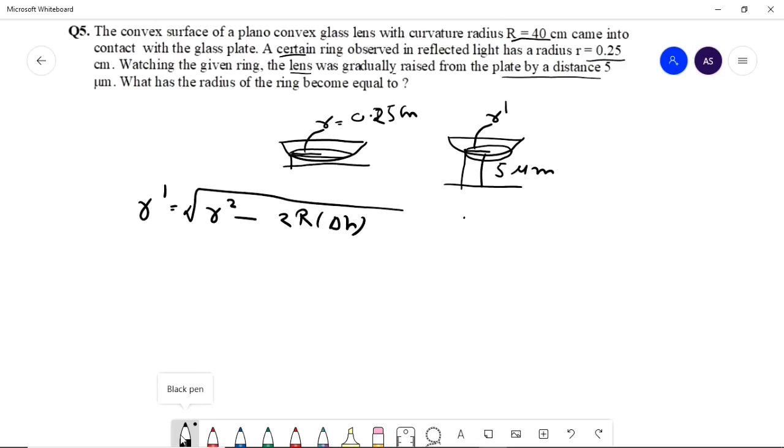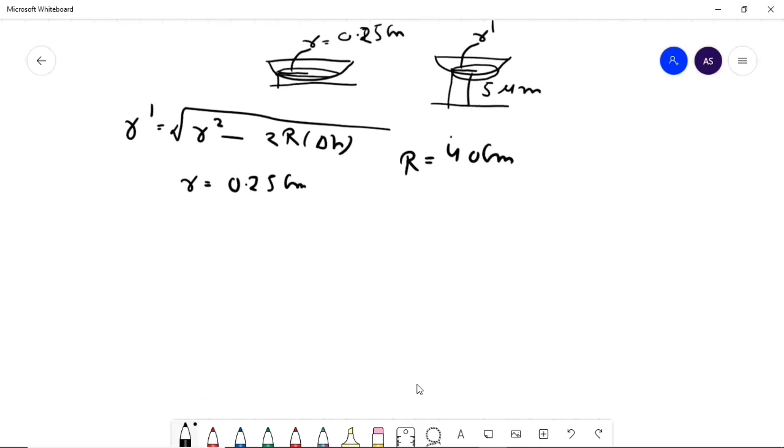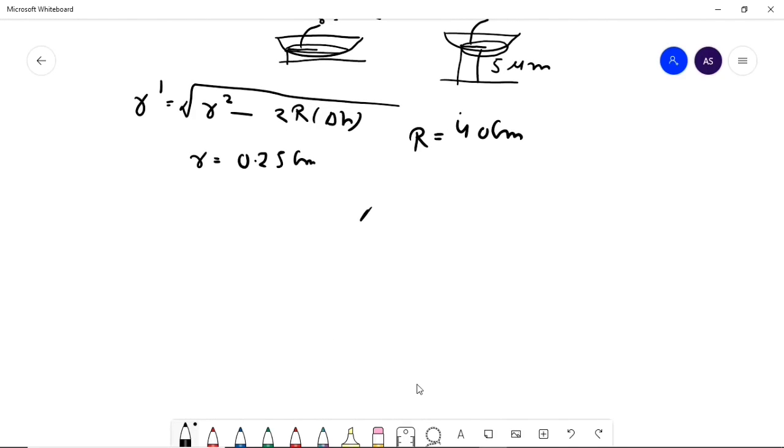The value of r is given as 0.25 centimeter, the radius of curvature capital R is 40 centimeter, and delta h, when you raise by a distance of 5 micrometer, is equal to 5 into 10 to the power minus 4 centimeter.